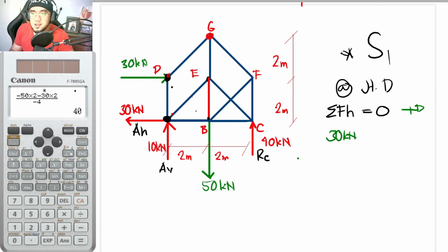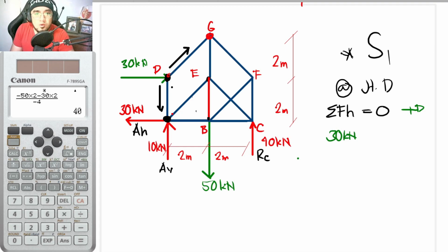Since we still do not know their bar forces, let us assume that it is tension. By tension, meaning that it is pointed away from the node. So DG is pointed at this location and DA is pointed at this location. So this is now equal to 30 kilonewtons.